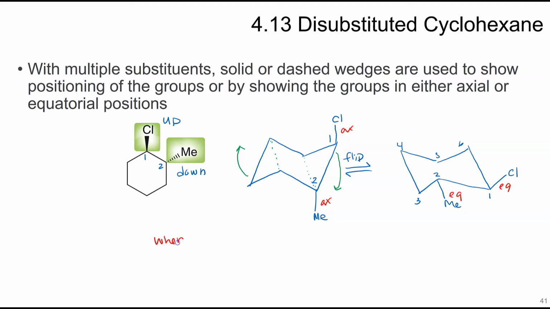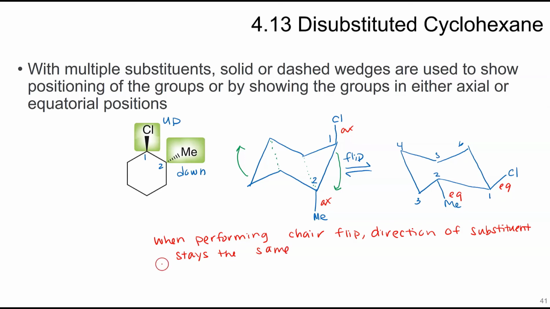So when performing a chair flip, the direction of the substituent stays the same. But axial groups become equatorial, and equatorial groups become axial.